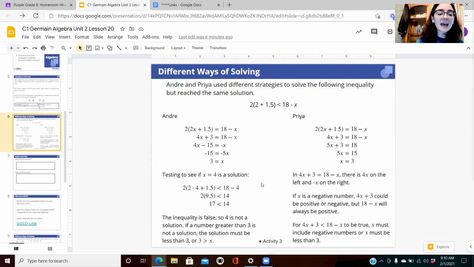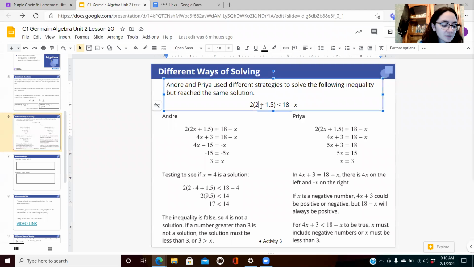So if we look at when he plugged in this 4 here into the original inequality, I think we're missing an x here. Yes, there was supposed to be an x there. So we would say 2 times 4 plus 1.5.